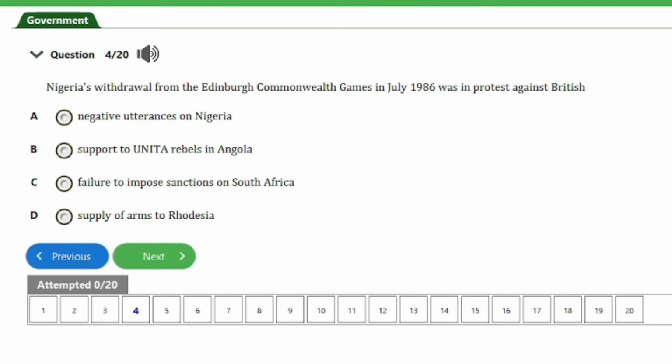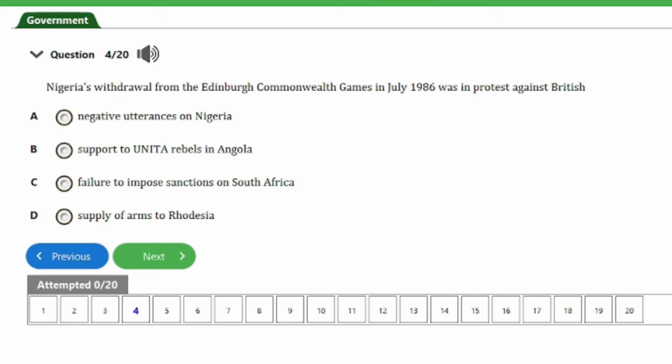Here we have question number 4. It says, Nigeria's withdrawal from the Edinburgh Commonwealth Games in July 1986 was in protest against British A. negative utterances on Nigeria, B. support to UNITA rebels in Angola, C. failure to impose sanctions on South Africa, D. supply of arms to Rhodesia.